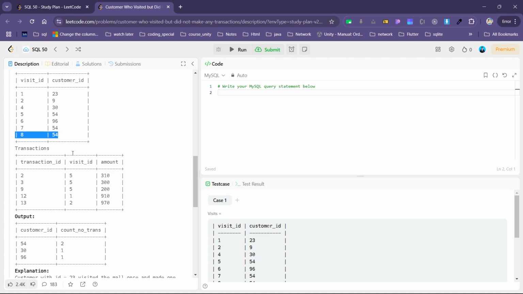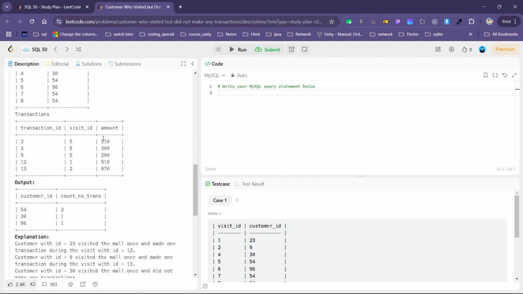And you see in the transactions table only the visit IDs 2, 1, and 5 made transactions, which means this person 9 visited the mall and also made transactions. The person with visit ID 5, that is 54, also made transactions on the visit. And the one with visit ID 1, that is customer ID 23.